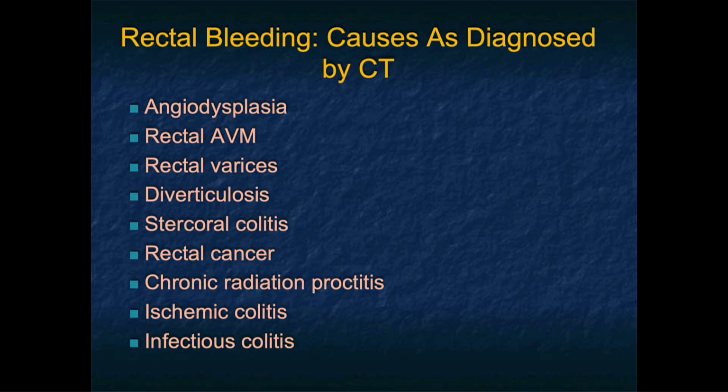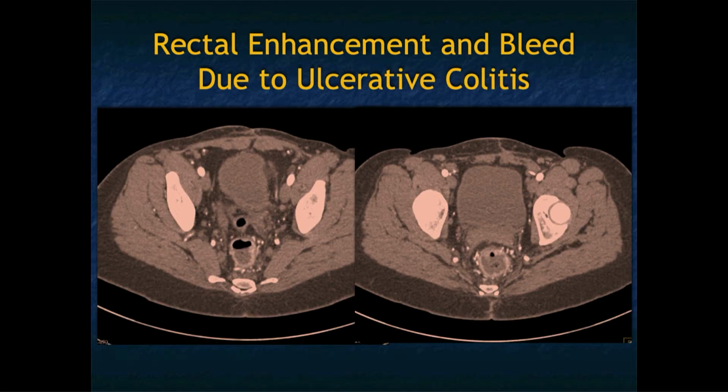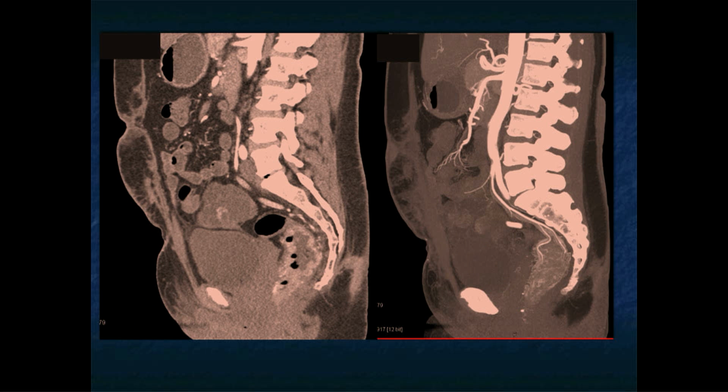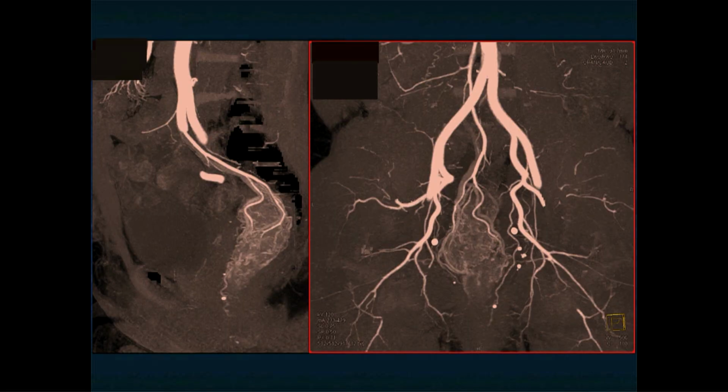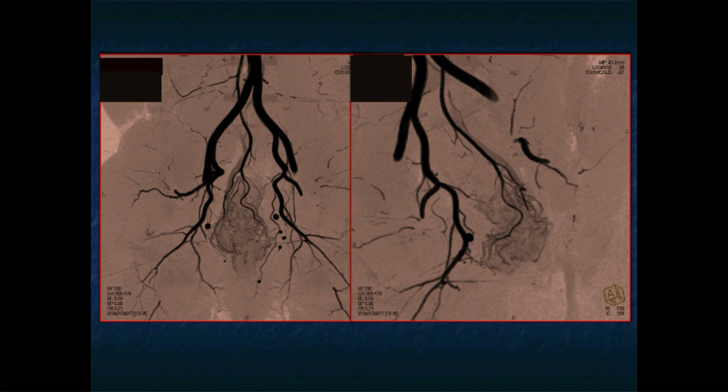I'll also end with mentioning rectal bleeding. We see that commonly, particularly in patients with cirrhosis, but there are a range of causes. Again, you can see very nicely on these images, and here you can see the prominent vessels in this patient with bleeding, very nicely shown there, and here as well. So again, I really do like the post-processing as a way of looking.